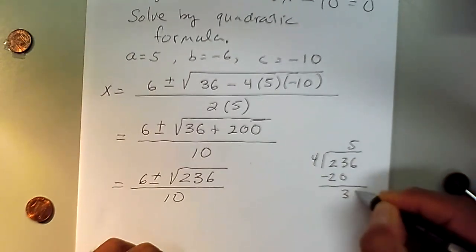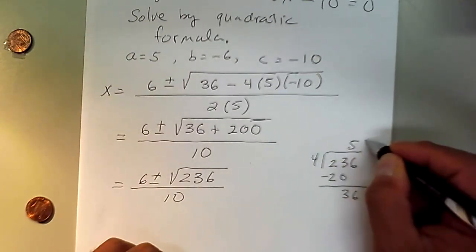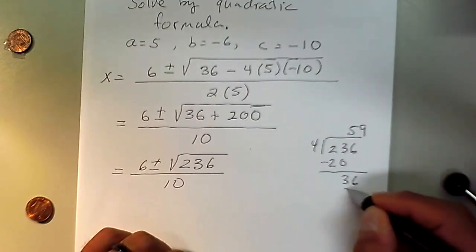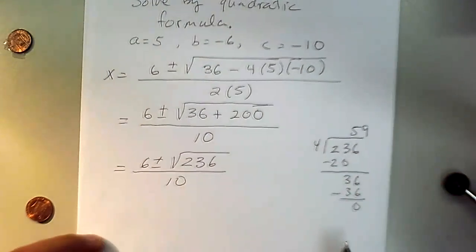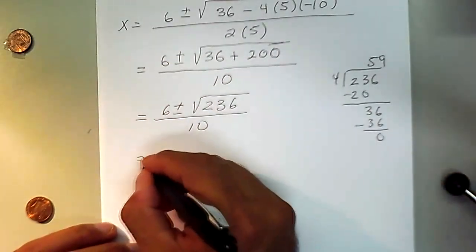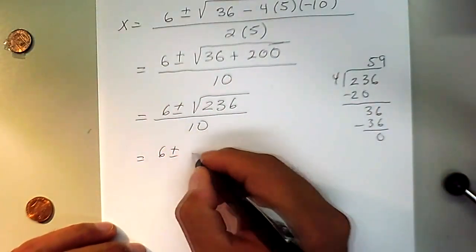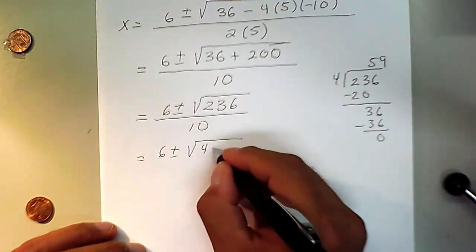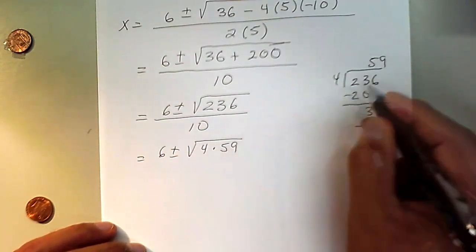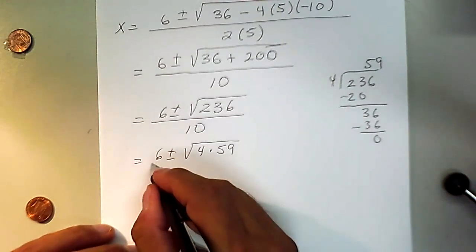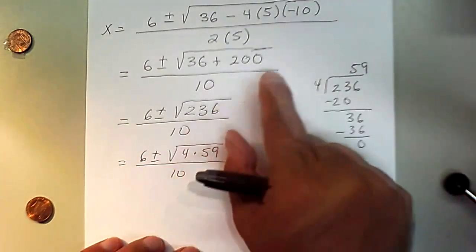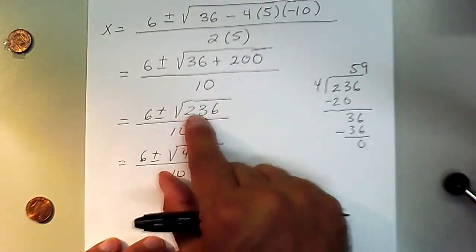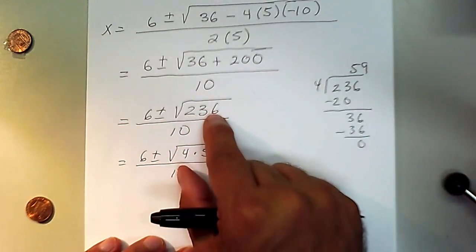So we got 36 divided by 4 is 9. Yep. So there's nothing left over. So we can rewrite this as 6 plus or minus square root of 4 times 59 over 10. See, there's more work to do here. This got a little more complicated because we have to simplify that. We have to.